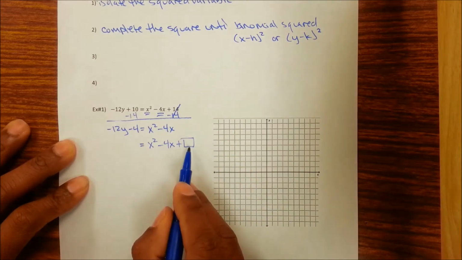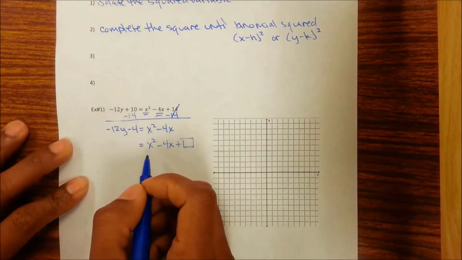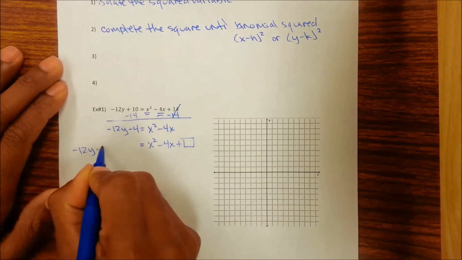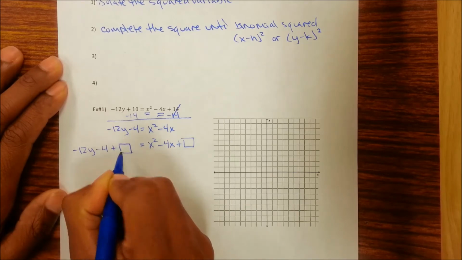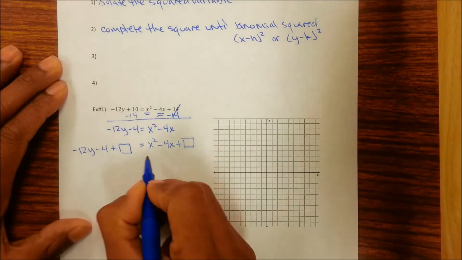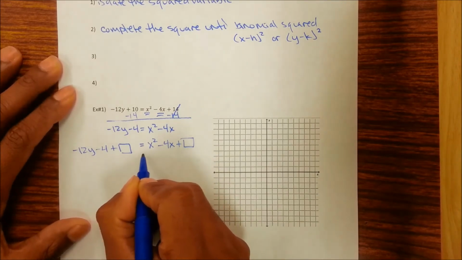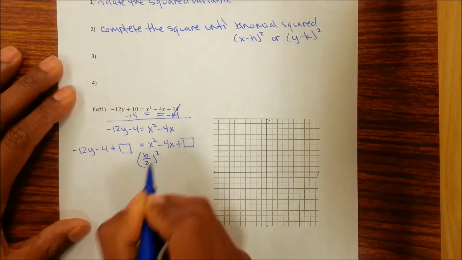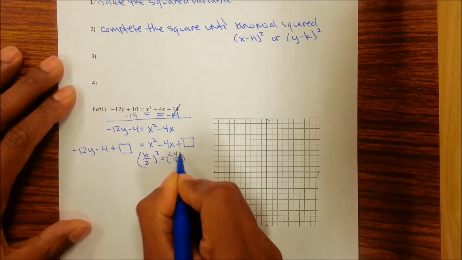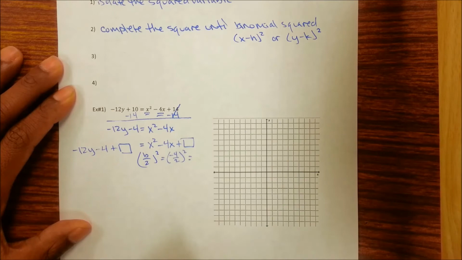Of course, remember that special number, we have to add it to the left-hand side also. So on the left-hand side, we're going to have negative 12y minus 4 plus, let's make room for that special number. Keep in mind, the formula for that special number is b over 2 quantity squared. So in this case, negative 4 over 2 quantity squared, that's just going to give us a positive 4.